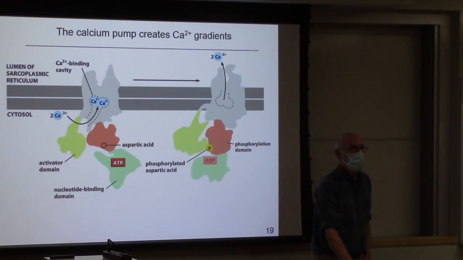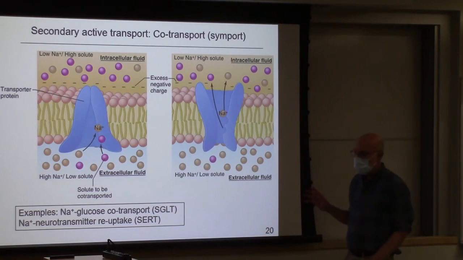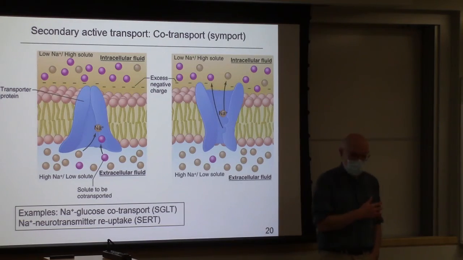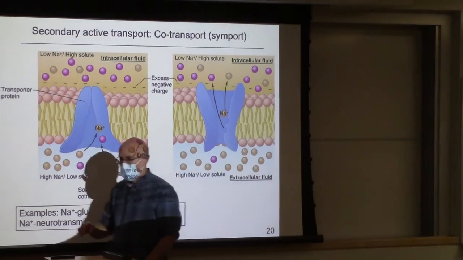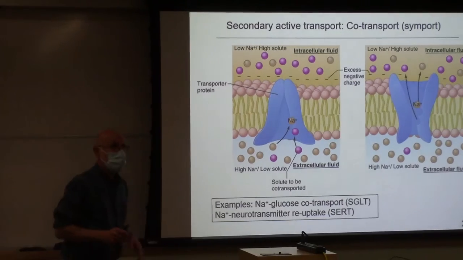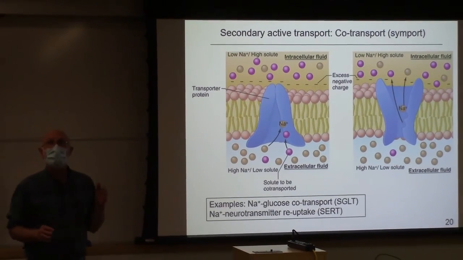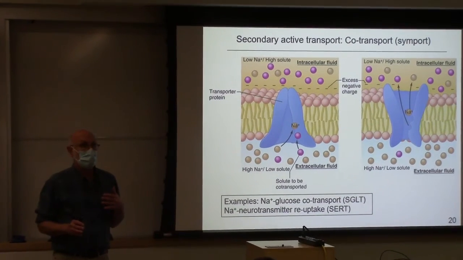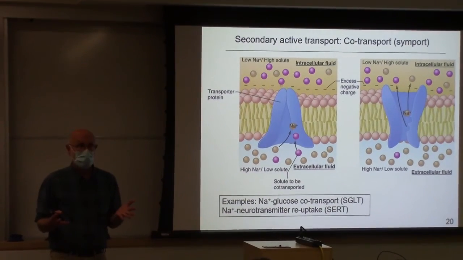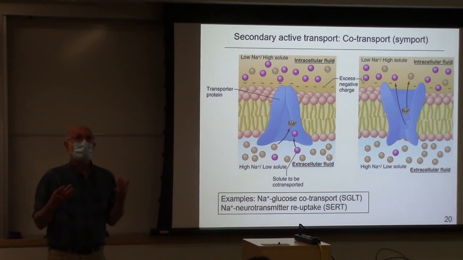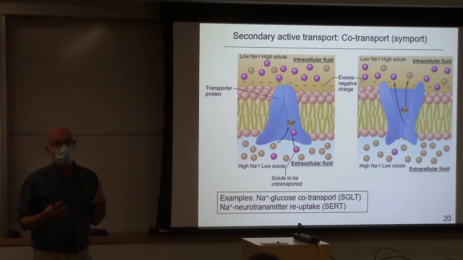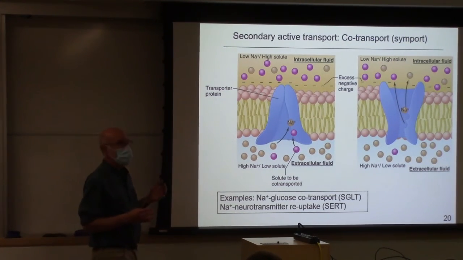I want to introduce, so this is taking longer than I thought, but that's okay, the concept of a different active transport. So we've talked about primary active transport. Now we're going to talk about secondary active transport. It's active, but it's not primary, it's secondary. What's the difference?